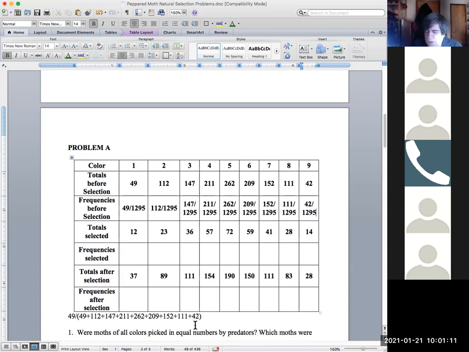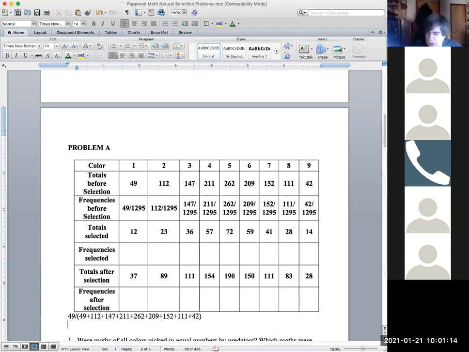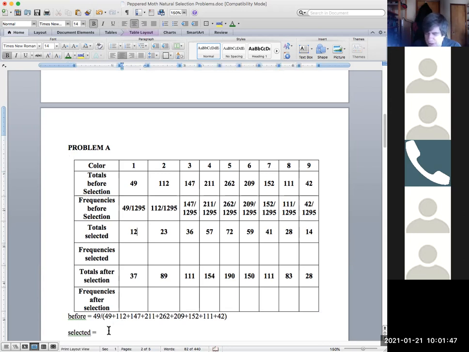Okay, now we're going to have to do the same thing for the number selected. This is how we're going to do our before. So now let's think how we're going to do selected. And selected is really going to be parallel to this. So let's think of number 1 as an example again.